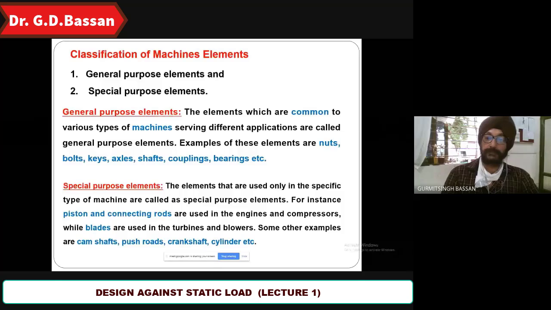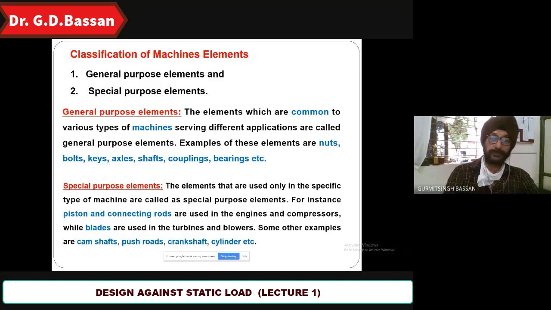Special purpose elements are those which have some specified work in a particular machine. Suppose pistons and connecting rods have specialized use in an engine. In a compressor, blades are a special purpose element.